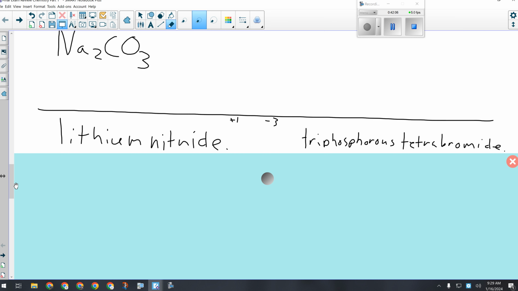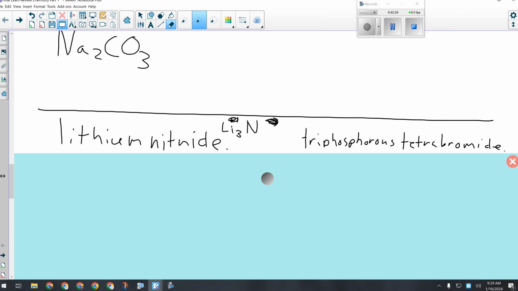I left the charges up here. So lithium is a +1, nitrogen is a -3, swap and drop. Li3N.